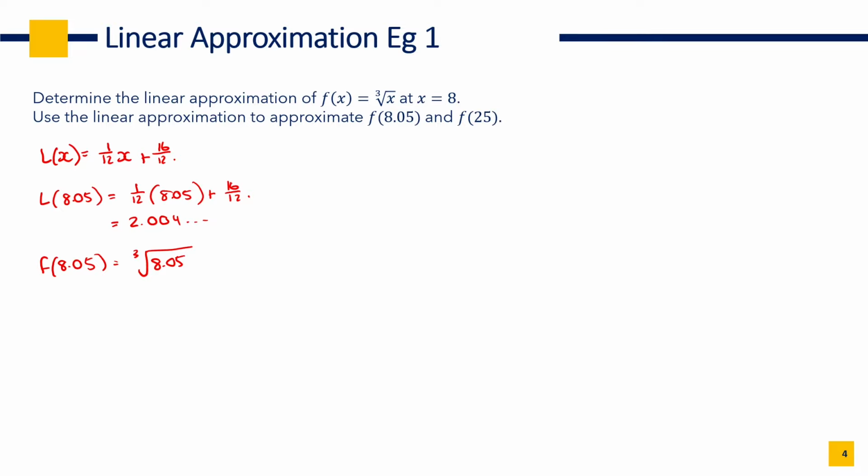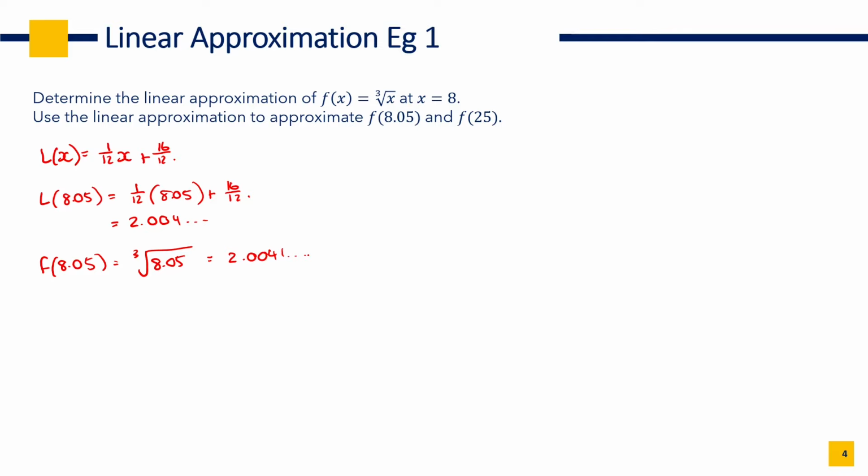Okay. And it is 2.0041, etc. So those are pretty close to each other. Overall, the approximation is working for the function itself.